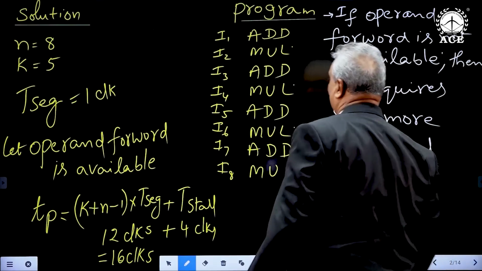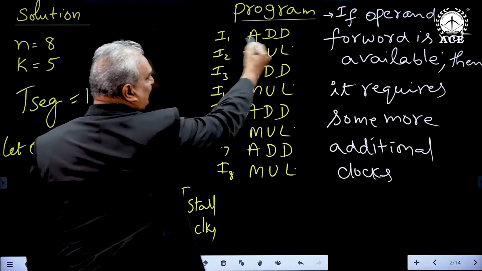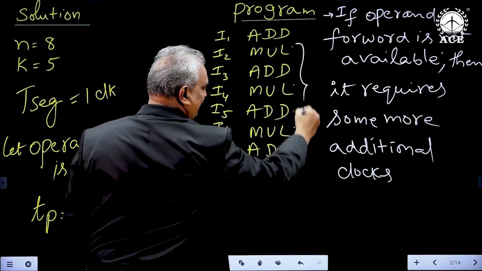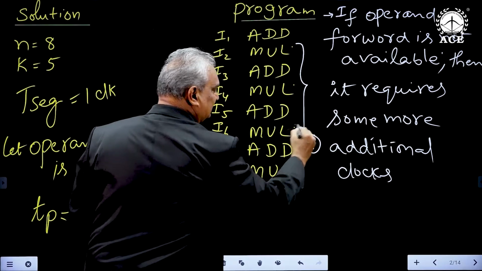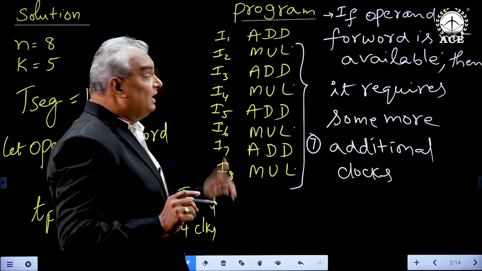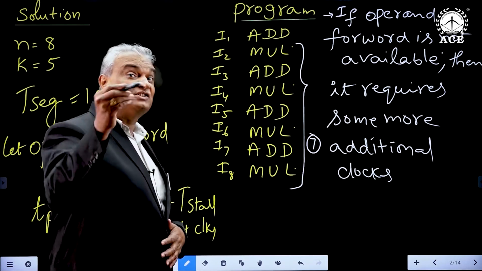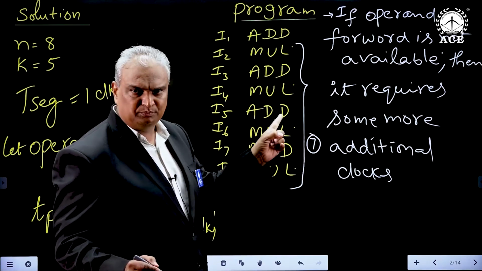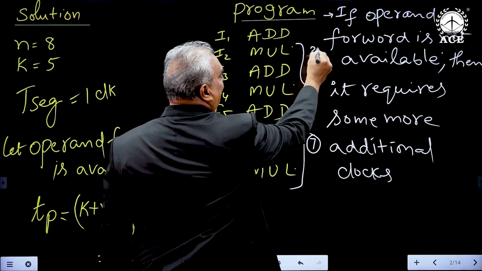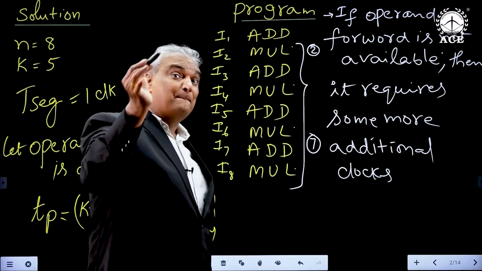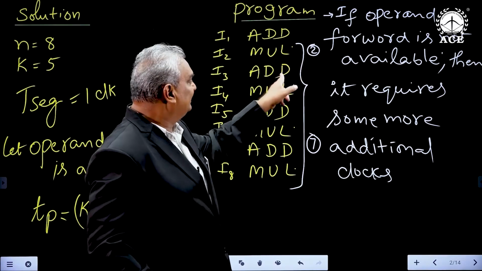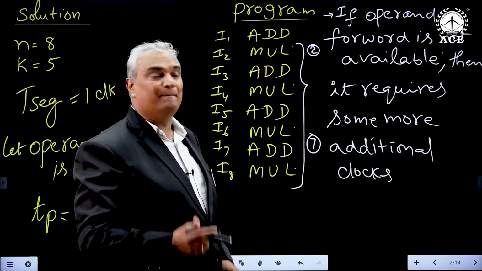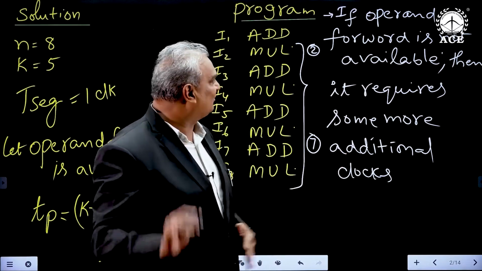Next, come here. In this, except the first, how many instructions do we have? 7. How many clocks are required in the EX stage for a mull instruction? 2. It requires 2 clocks. Until completion of 2 clocks, this instruction cannot get the partial result from this because there is no operand forward.